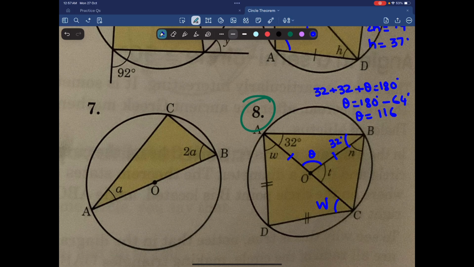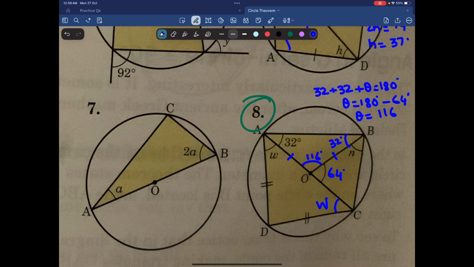Okay, so let's write down the value of this. 116. Okay, now we know that angles on a straight line add up to 180. So to find the value of angle T, we're going to subtract 116 from 180, which gives us 64. So the value of T is 64.